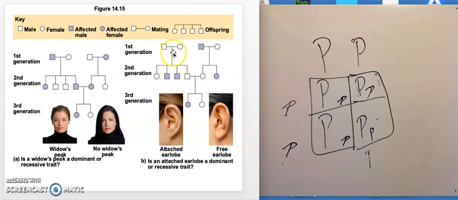So in this pedigree, white is dominant and being shaded in is the recessive characteristic. So these two parents must be heterozygous, and the child that doesn't look like them must be homozygous recessive. You're going to solve similar problems like this in the genetics lab by looking at different pedigrees.